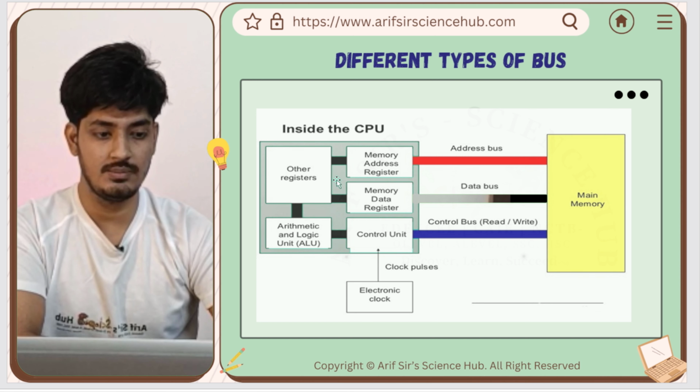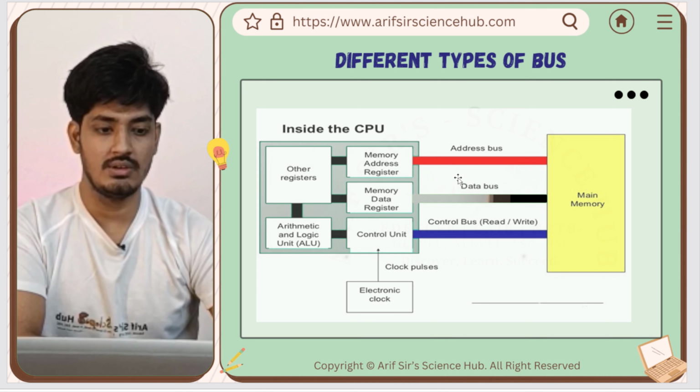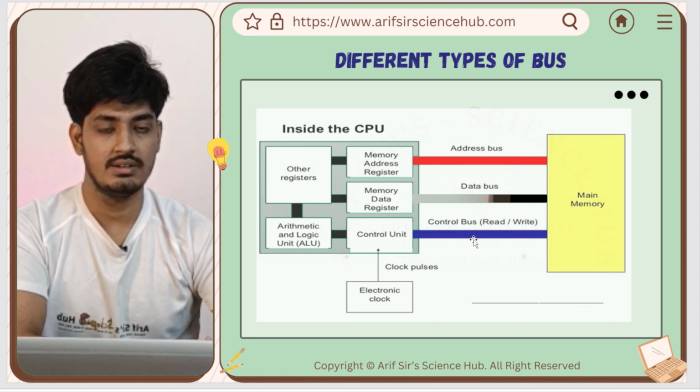The entire CPU is connected to the main memory by the help of three different buses: the address bus, data bus, and control bus. The address bus will carry the memory address from the CPU, the data bus will carry the actual data, and the control bus will carry the control signal. That means where the data should be written or read.